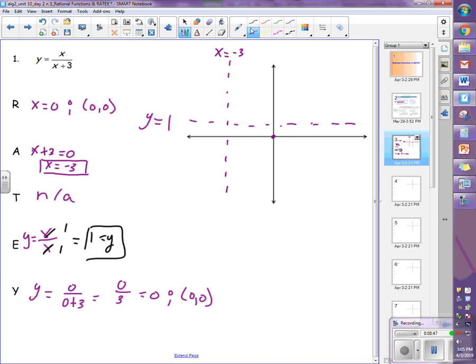Now, all we have to do is draw our curve. According to the guidelines, you have to pass through the x and y intercepts. So that's where I'm going to start. And you want to get close to your asymptotes, but not past them.